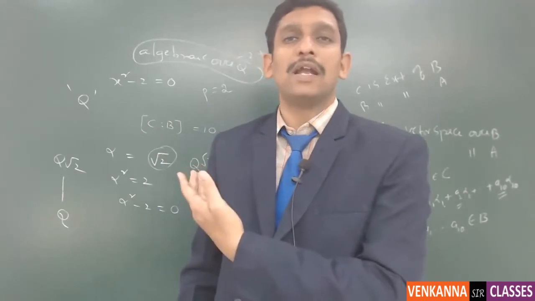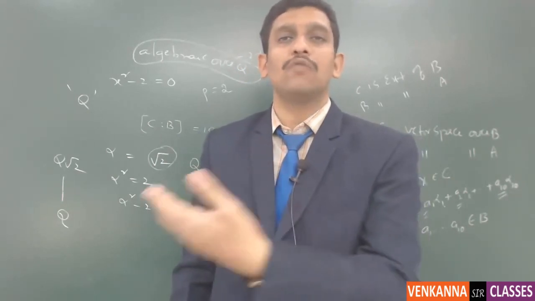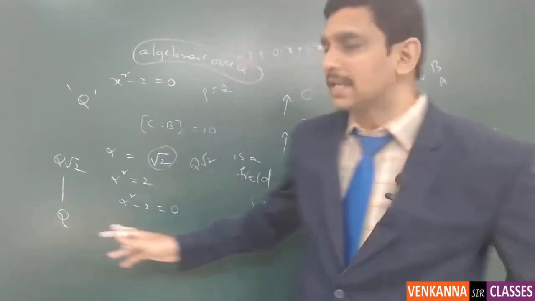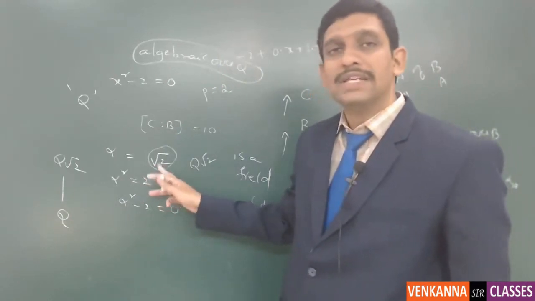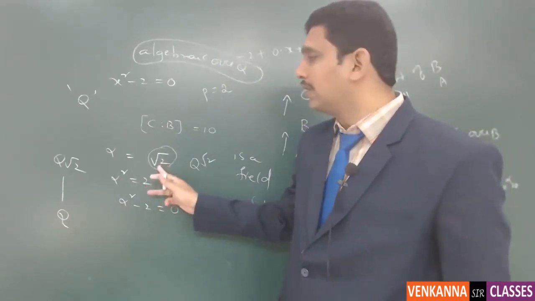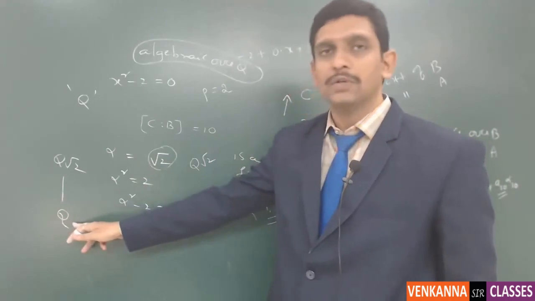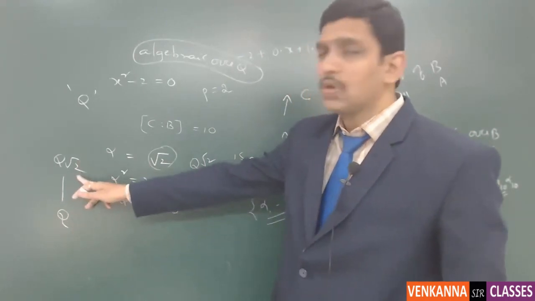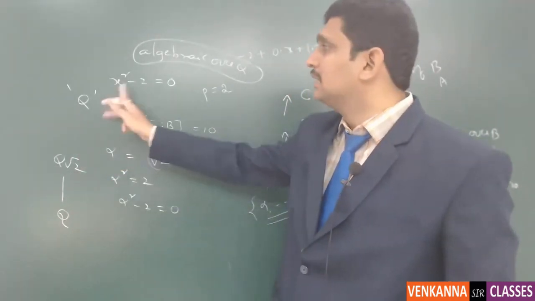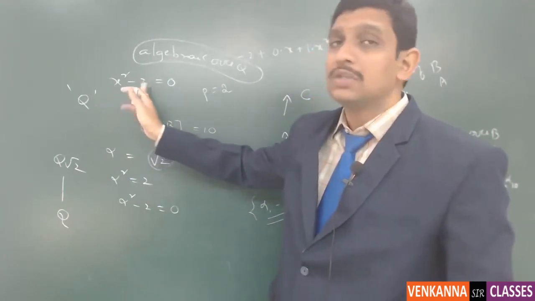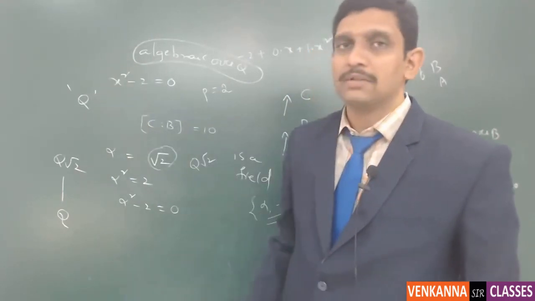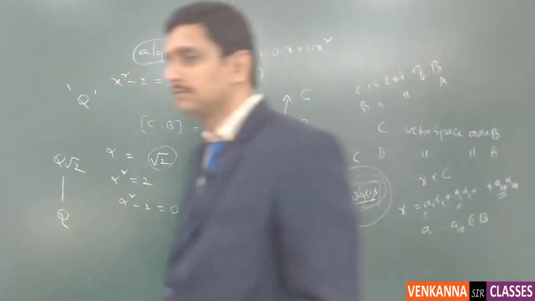Here, root 2 is algebraic over Q because root 2 satisfies the polynomial x square minus 2 equal to 0, which is the smallest degree and irreducible polynomial.